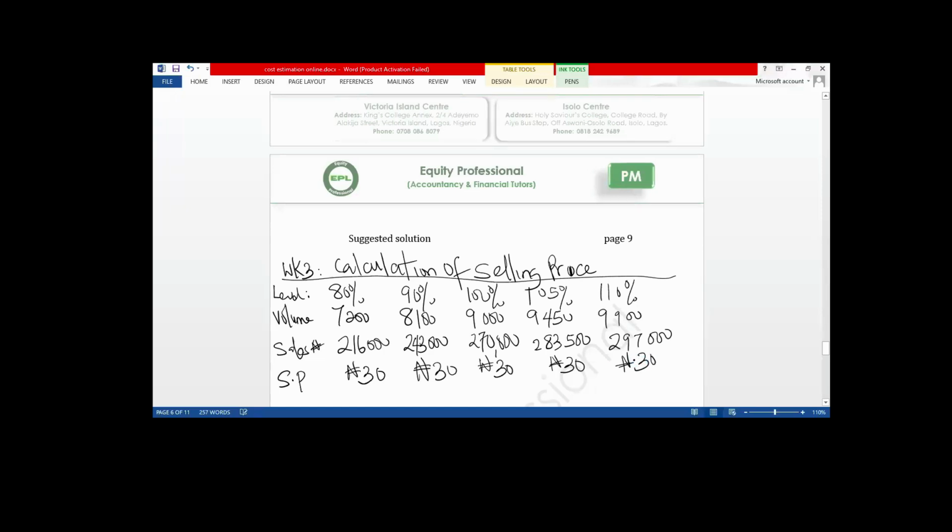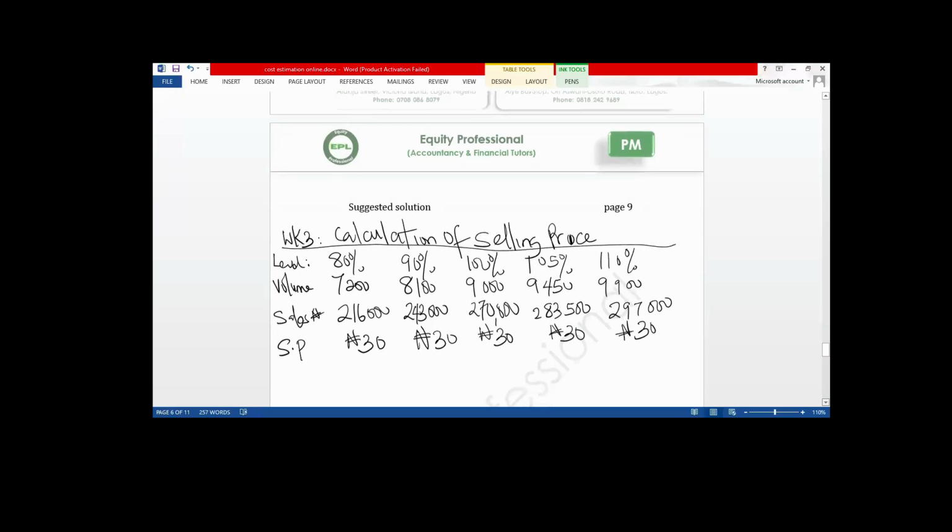This means on the last one, that's on the 110, it is also the same. Yes, all of them are 30 naira. All the sales we have is 30 naira per unit. Yes, sir. You can prepare your statement now.